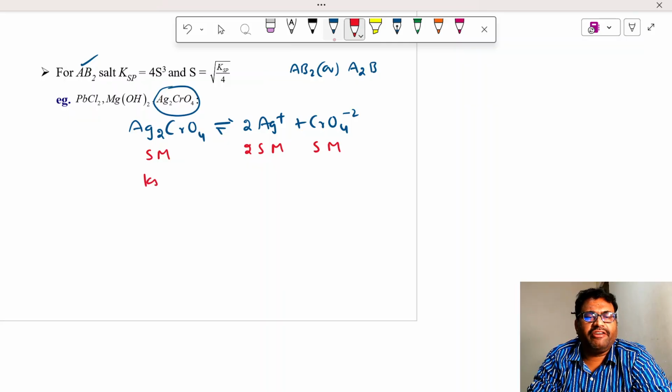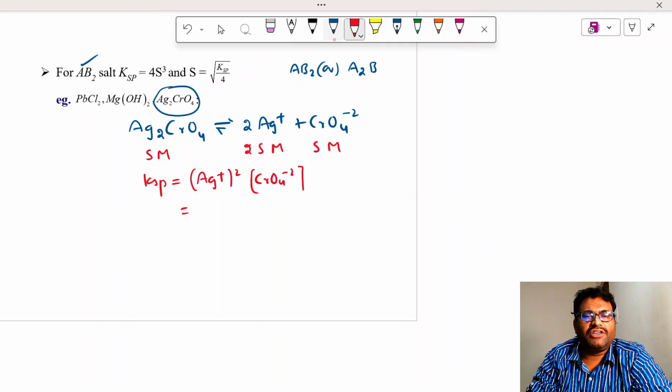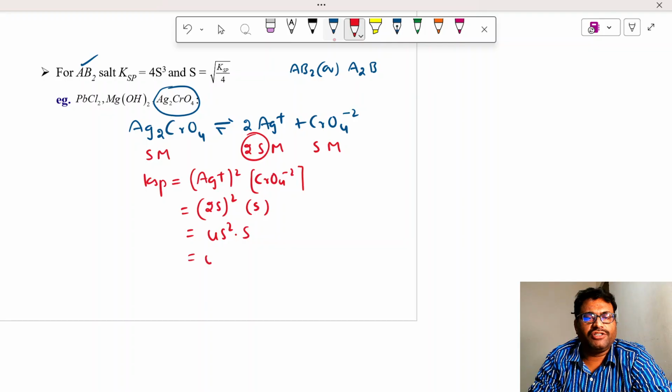Here KSP for Ag2CrO4 will be equal to Ag plus concentration square into CrO4 minus 2 concentration. So Ag plus concentration you found as 2S. So 2S square into S is equal to 4S square into S, that is equal to 4S cube.